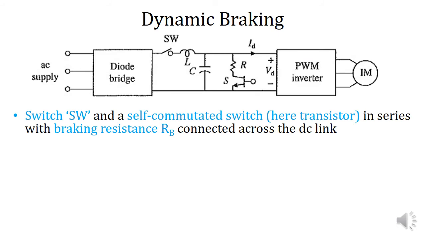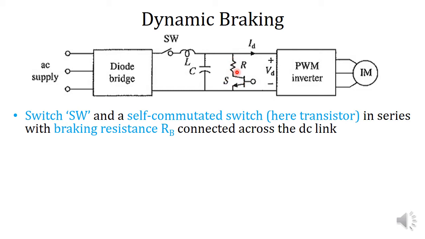This is the circuit diagram used for dynamic braking in a PWM inverter fed induction motor drive. This circuit diagram is familiar to us, as we have already seen this circuit in the previous lecture, but the only difference is that we have incorporated dynamic braking in this circuit. That is, we have added a switch SW, a self-commutated switch, that is a transistor, and a series braking resistance.